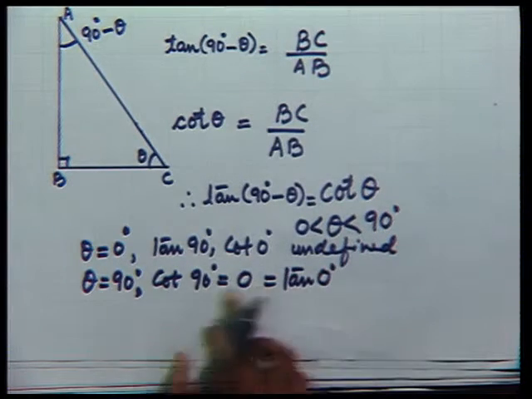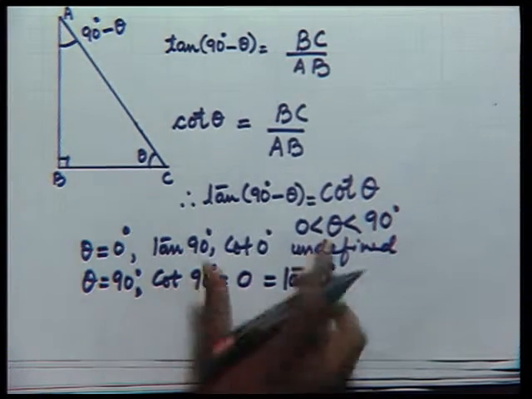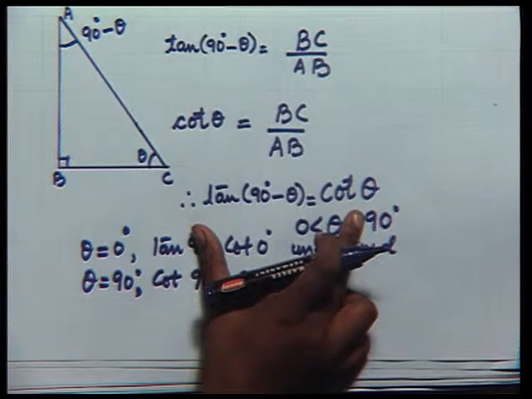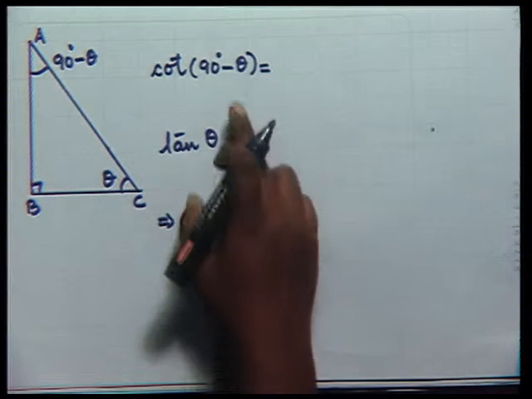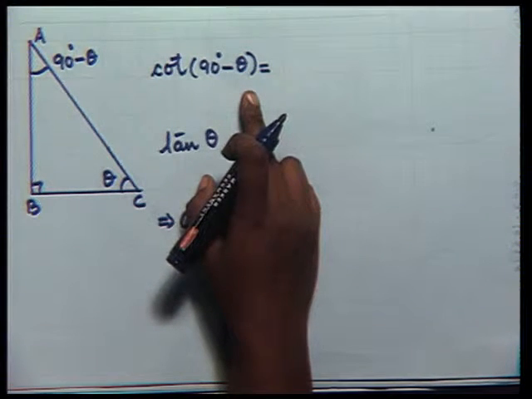Therefore, for theta is equal to 90 degree, we find that this equation is defined, and hence we have tan (90 degree minus theta) is equal to cot theta for every theta greater than 0, but less than or equal to 90 degree. Similarly, we have cot (90 degree minus theta).